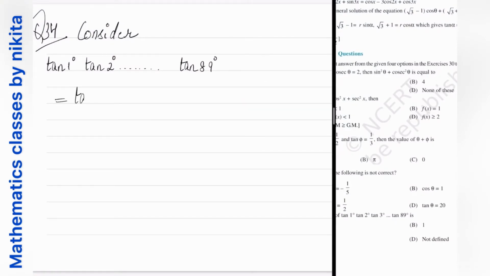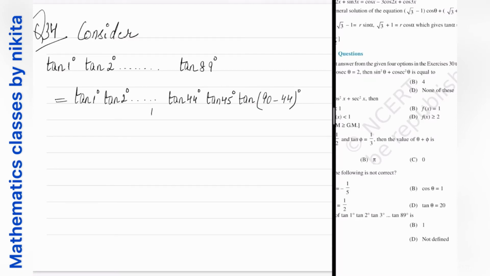Now first of all I can write this as tan of 1 degree, tan of 2 degree and so on up to tan of 44 degrees and then into tan of 45 degrees. Okay, after that the tan of 46 that comes can be written as 90 minus 44 because 90 minus 44 is 46.